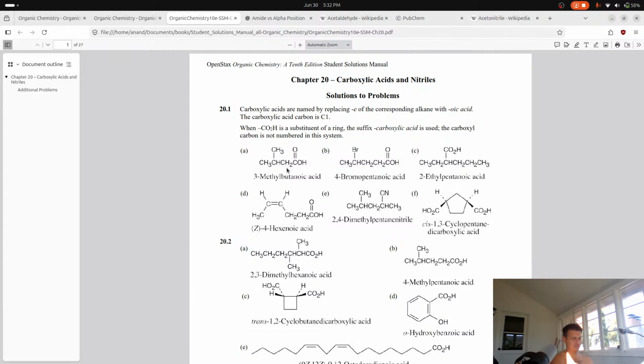Okay, cis or Z, 4-hexenoic acid. And then E, 2,4-dimethylpentane nitrile. Then here, cis 1,3-cyclopentane dicarboxylic acid. Okay, pretty simple.